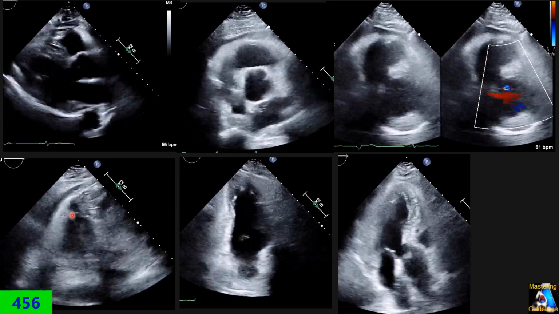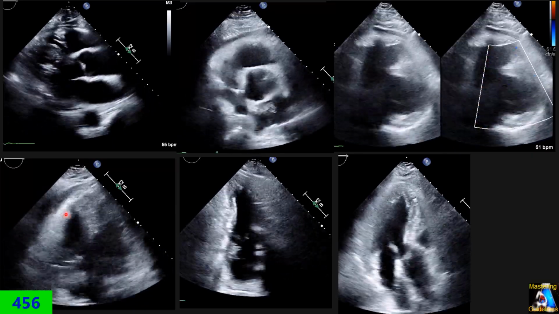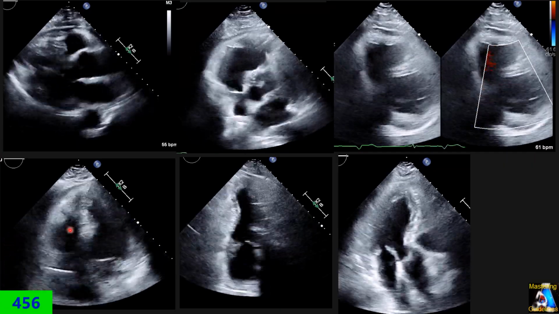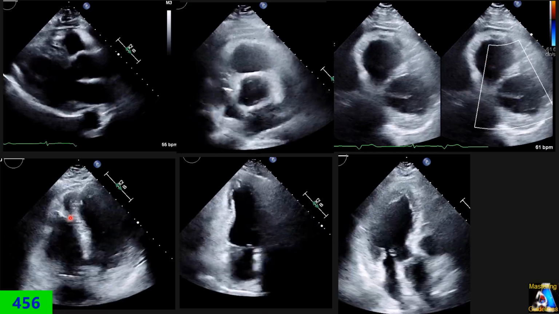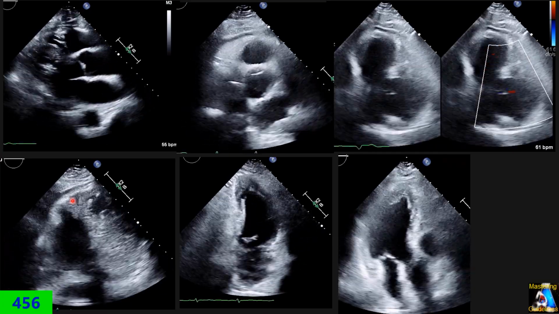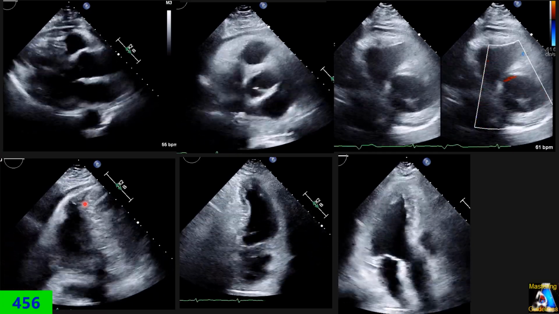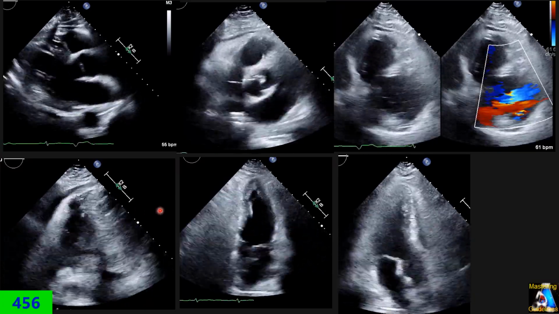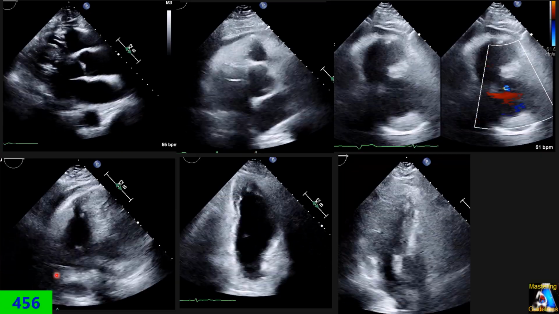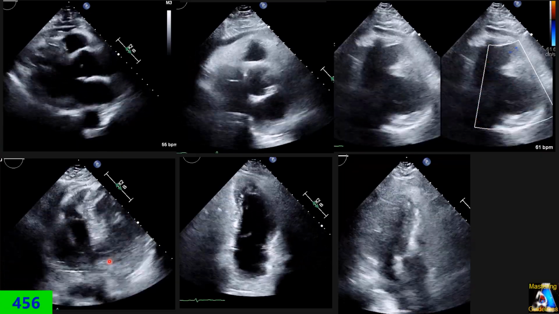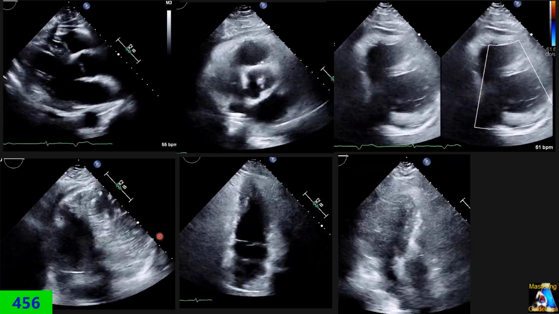That is another finding that makes us think something is wrong. And the third one, we have to find exactly where the tip is anchoring to the myocardium. For that purpose, we have to go to different off-axis views. Especially in these cases, the medial off-axis is very important.